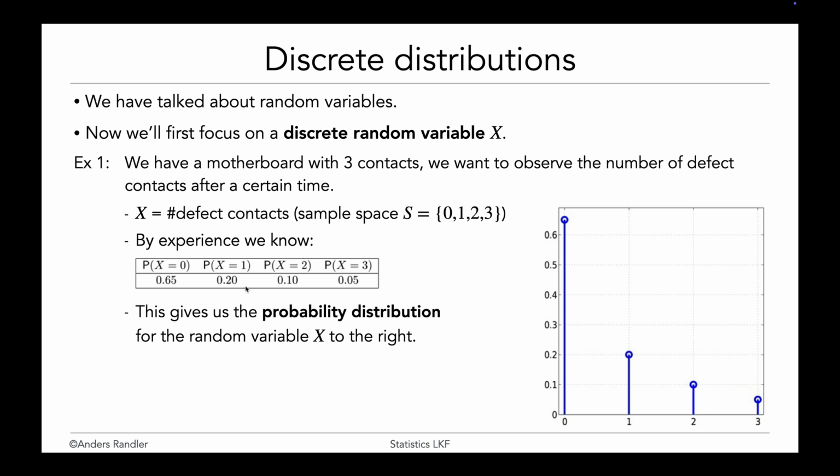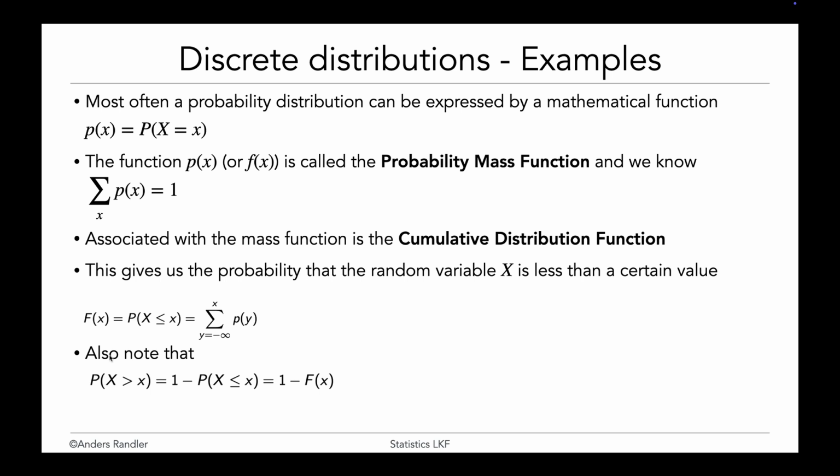So what is the probability that you will have a result being 1 or less? Of course, 0.85. If we think about the probability for x being greater than a certain value, we can of course get that by taking 1 minus x being less than or equal to a certain value, which is then of course 1 minus the cumulative distribution function in this case.